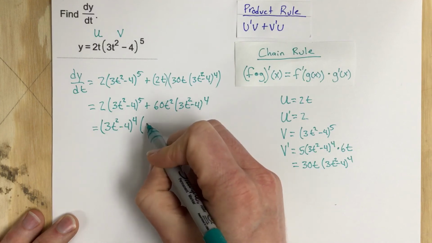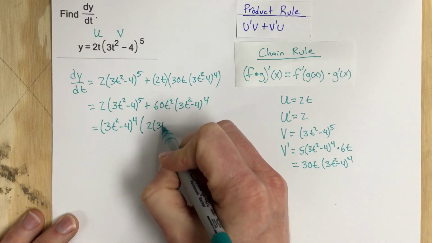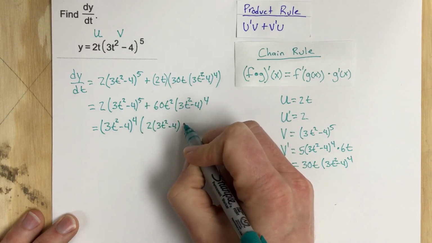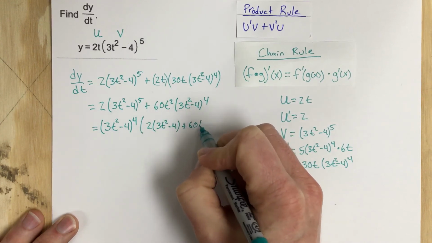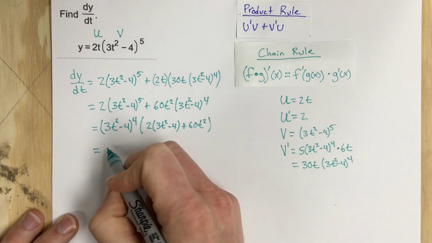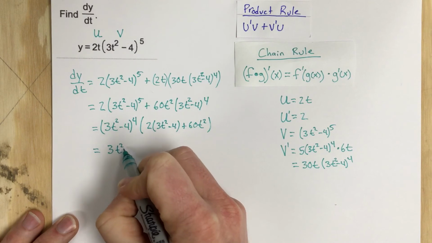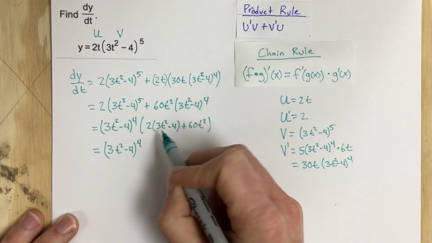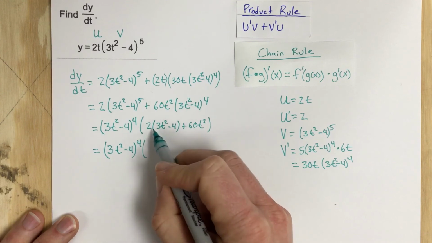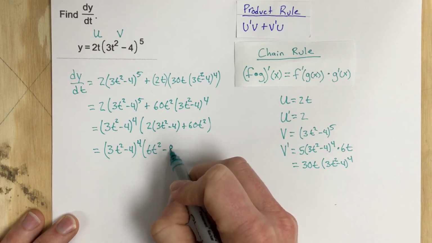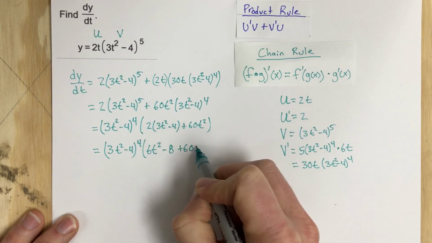And that leaves you with 2 (3t squared minus 4), because there'll be one of those left, plus 60t squared. So you end up with (3t squared minus 4) to the 4th, and then I can distribute there, so it's times 6t squared minus 8 plus 60t squared.